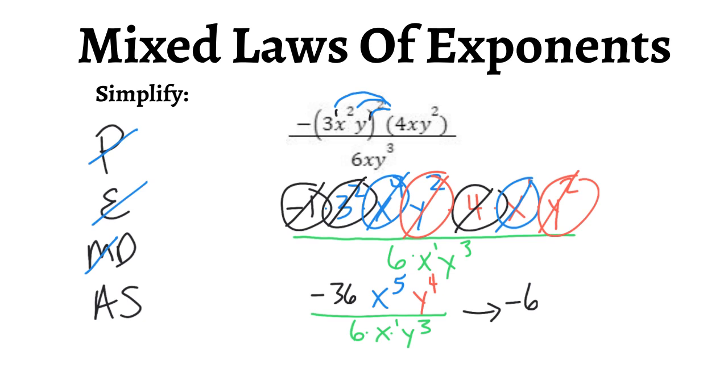As I start looking at the x's, x to the 5th divided by x to the 1. Remember, when you're dividing, you subtract the exponents. So 5 minus 1 is just 4. So 5 minus 1 is going to leave us with x to the 4 power.